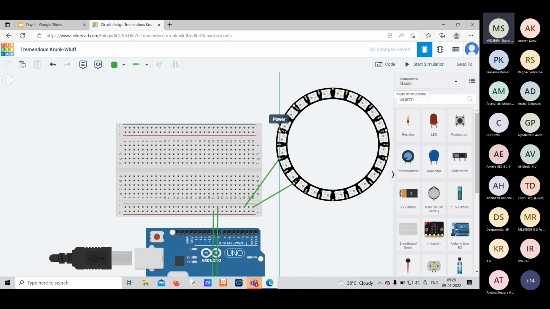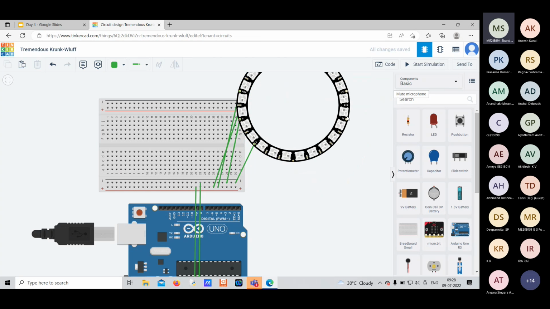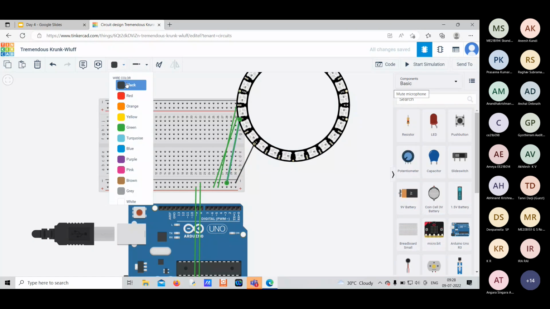Now we have to power the NeoPixel by connecting the power pins on the NeoPixel to the breadboard's power line. Finally, I'll just color code the wires so that it looks proper.